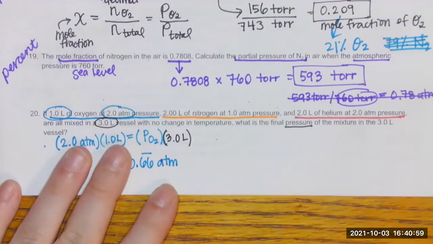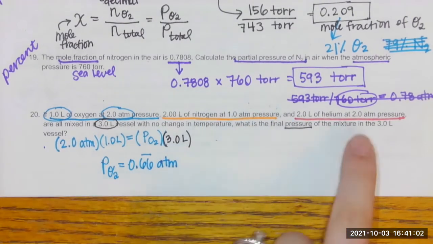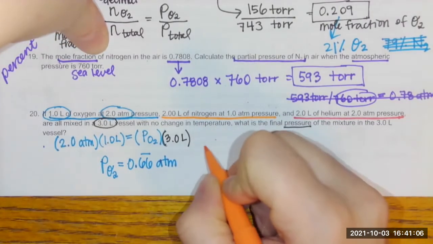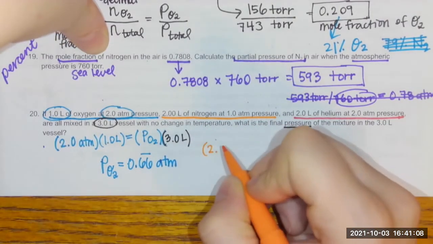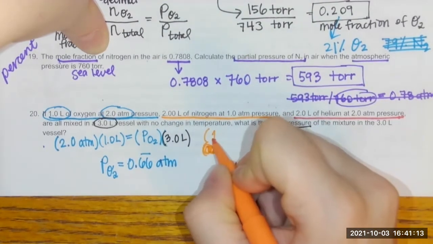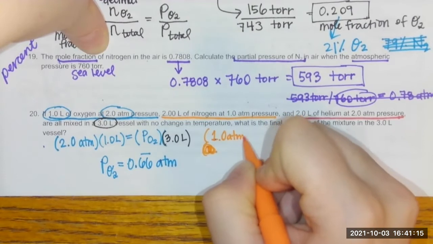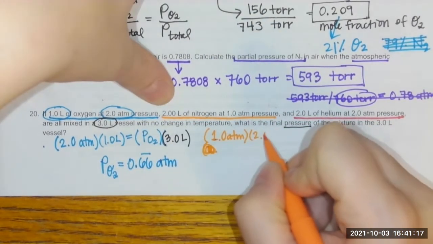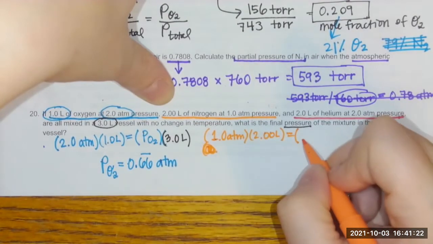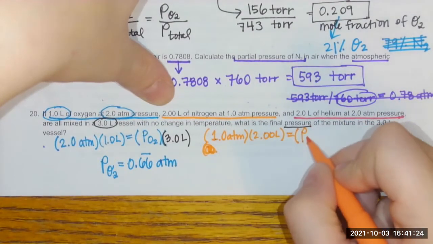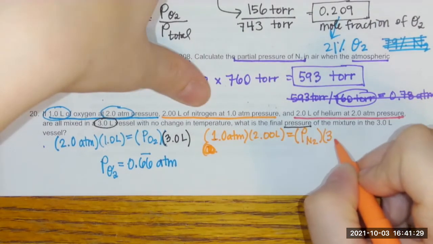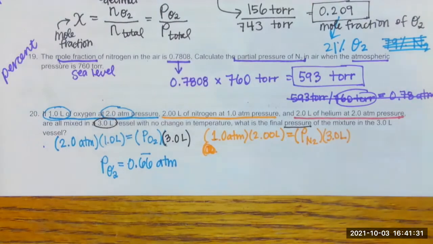I'm going to do the same thing for the nitrogen and the helium. For the nitrogen, I have 1 atmosphere of pressure. The original volume is 2 liters. I'm trying to find the partial pressure of the nitrogen when the container changes to 3 liters.